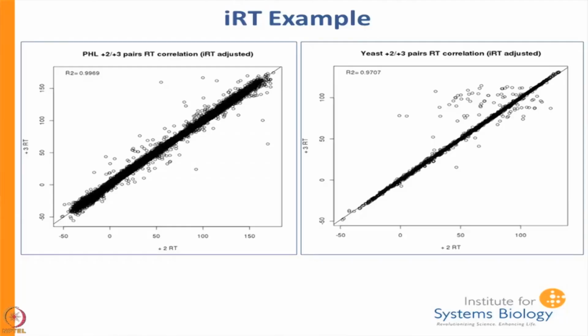And in some cases, we found libraries where these numbers are very different. So here are 2 libraries that are in the SWATH Atlas, and what we're looking at is +2 and +3 charges. This one has a very good correlation. Having used the iRT peptides, everything is pretty much right along the diagonal. So basically, we've taken all the peptide ions that you have, the +2 and the +3 for exactly the same modified peptide, and plotted them against each other.